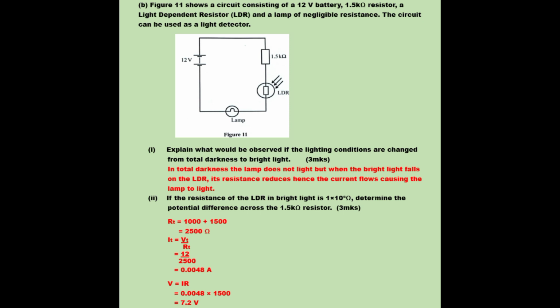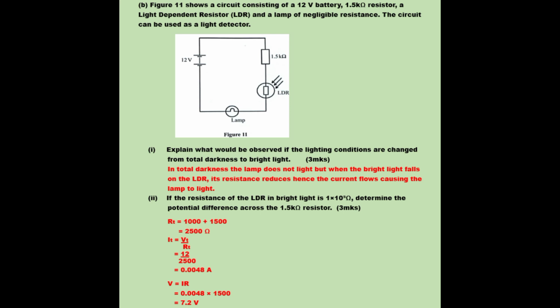This is the same current that passes through the 1.5 kilo ohm, the LDR and the lamp. Then V is IR, so it will be 0.0048 ampere times 1500 ohm, from 1.5 kilo ohm.